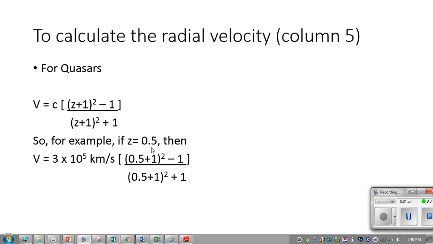I made up a z value of 0.5. So if that were the case, our constant, we remember we got from our worksheets, that was 3 times 10 to the 5th. If 0.5 is z, I'm going to substitute 0.5 in everywhere there's a z. So it'd be 0.5 plus 1 squared minus 1, over 0.5 plus 1 squared plus 1.